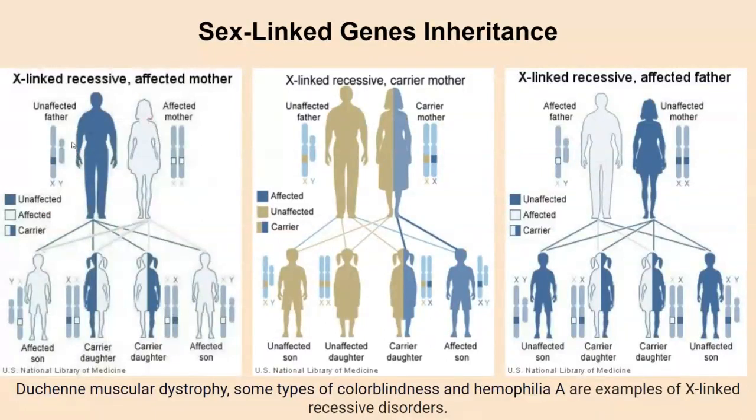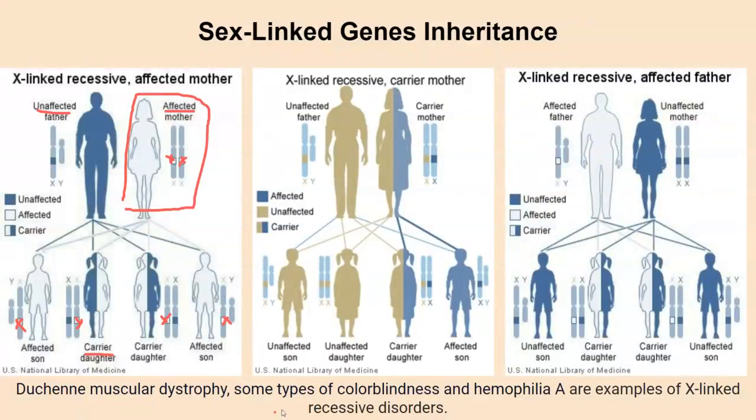It actually shows an unaffected father and an affected mother, meaning she carries two mutated genes, which means all of her sons will be affected and the daughters will be carriers. So all of her daughters will be carriers. But yes, women can have color blindness. It's just a lot more rare than in males because females have two X chromosomes.